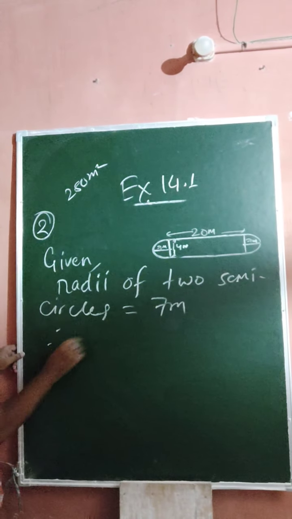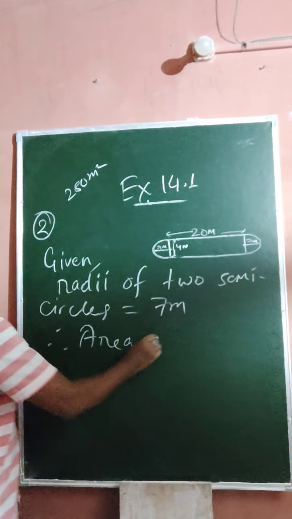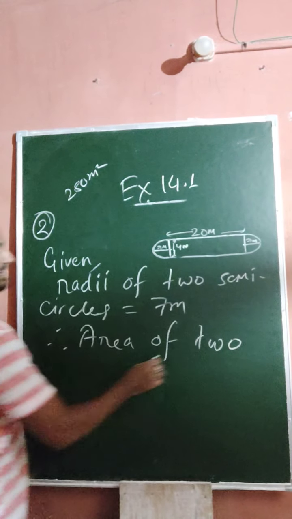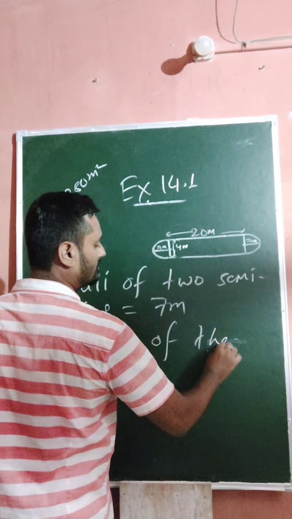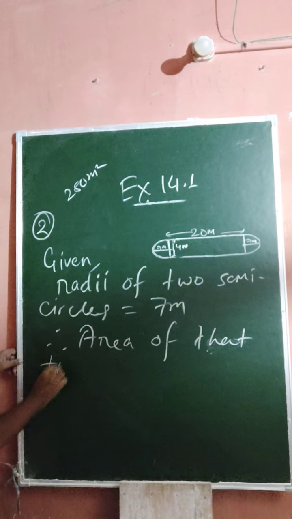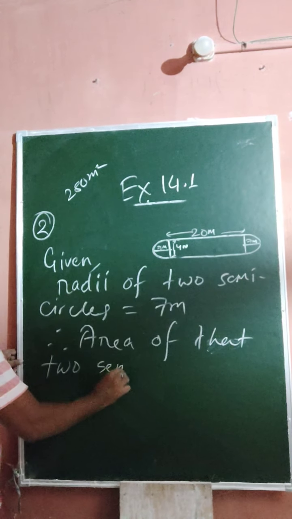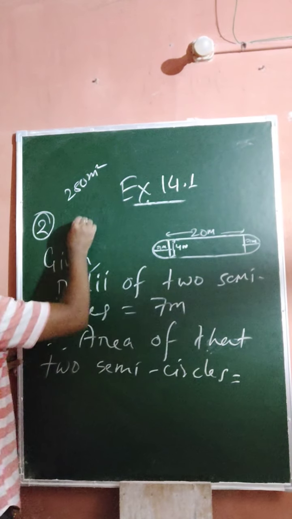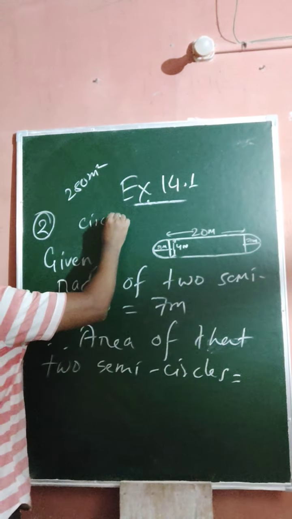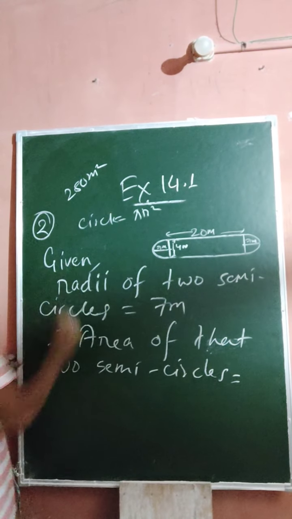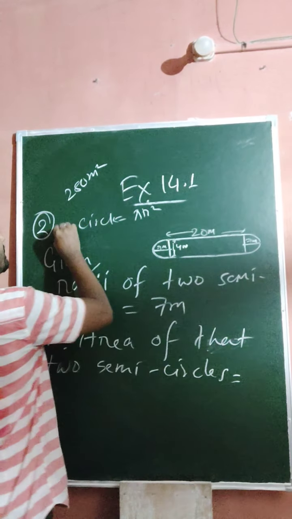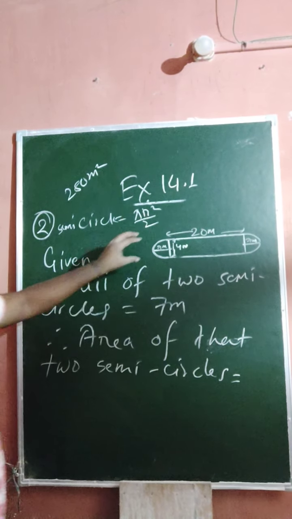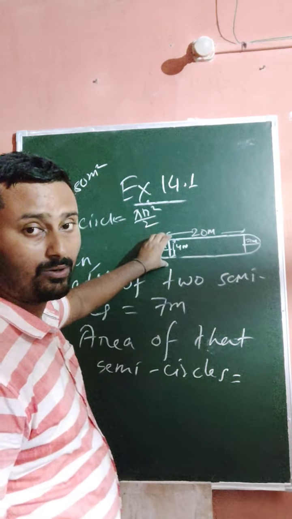Therefore, area of the two semicircles. All of you know that the area of a circle is pi r square. Semi means half, so the area of a semicircle is pi r square by 2.